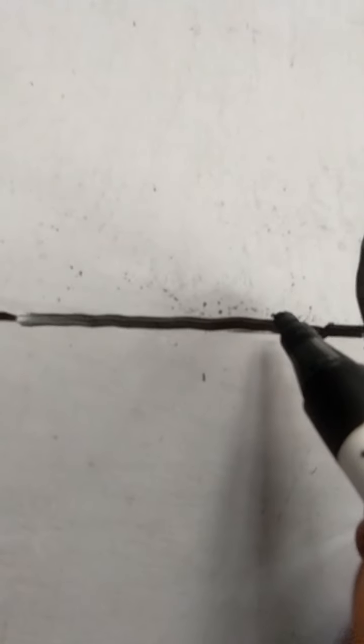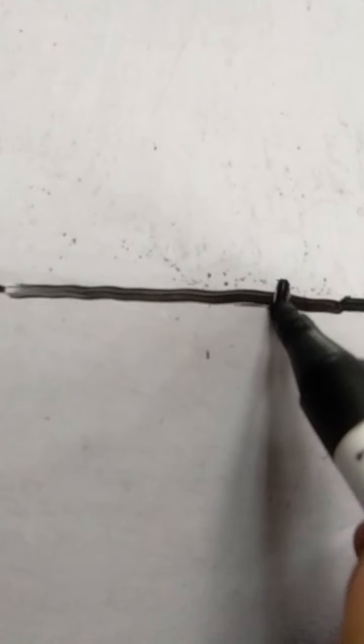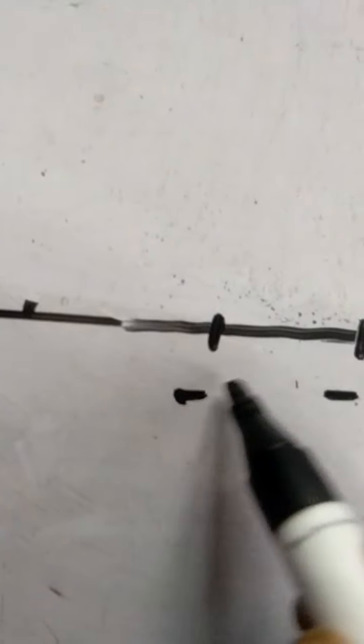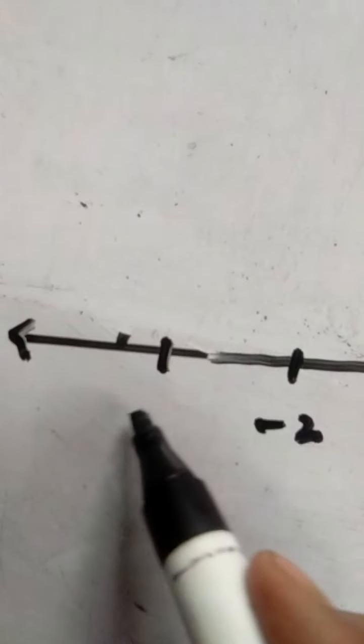Same is the situation over here. In the center we have 0, and towards RHS we take points like 1, 2, 3, etc. And towards the left of 0 we take points -1, -2, -3.